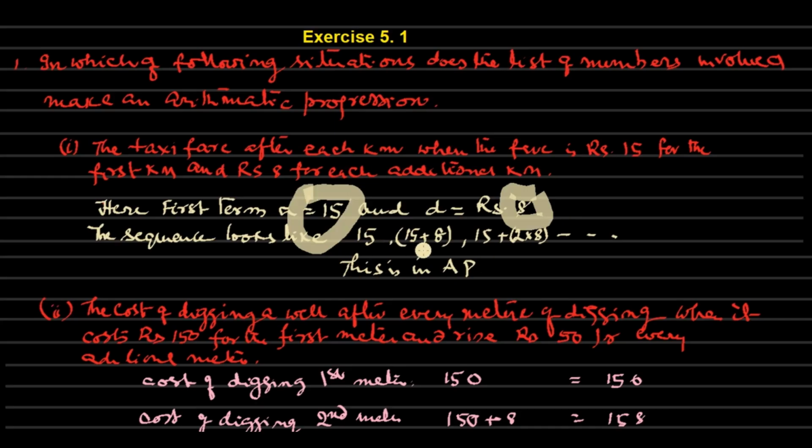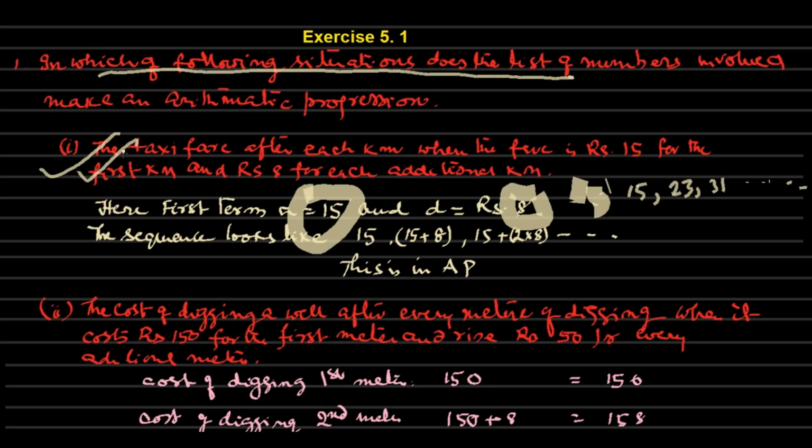So 15, 8, 23 plus 8, 31, that is in AP. 15, 23, 31, etc., each time adding 8. So this is in AP. In this situation it is AP.